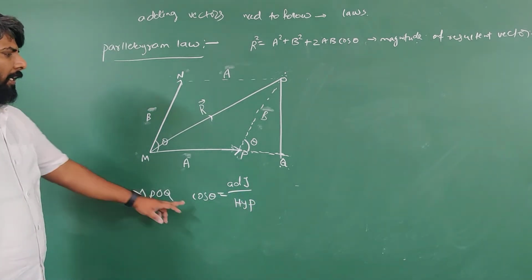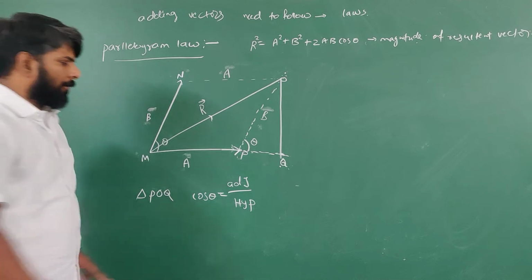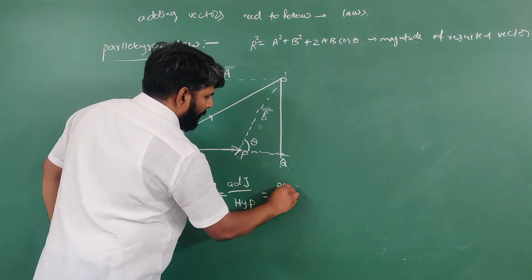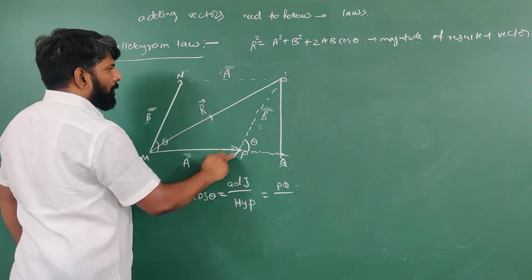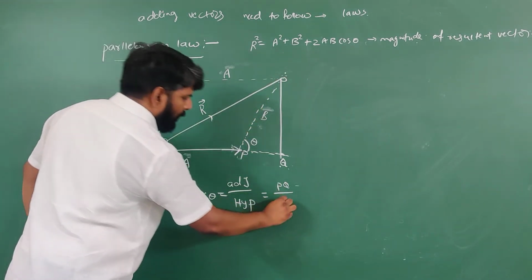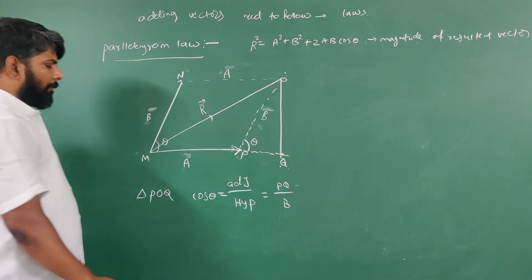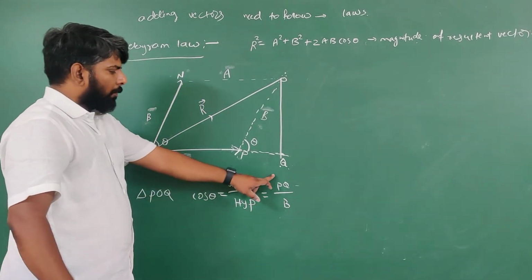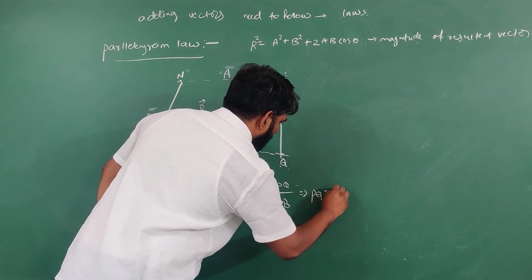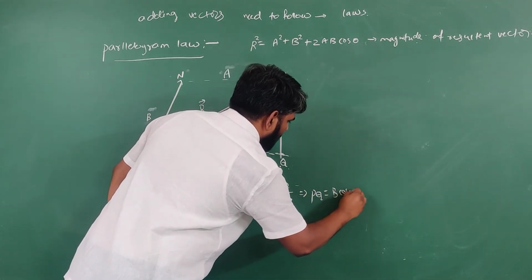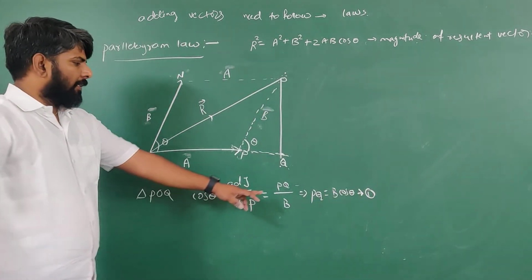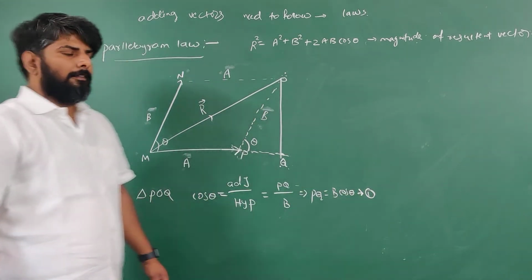Correct? What is the adjacent side here, students? PQ. What is the hypotenuse? PO. PO is equal to here B. So cos theta equal to PQ by B. That implies PQ is equal to B cos theta. Take it as equation 1.